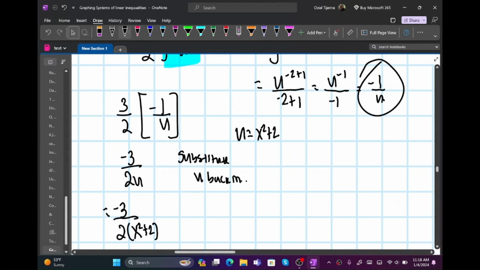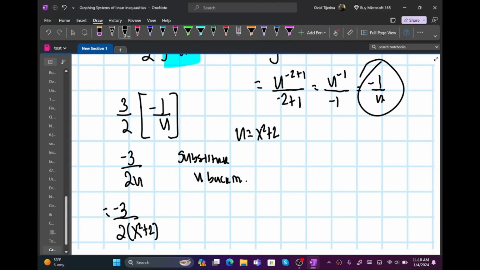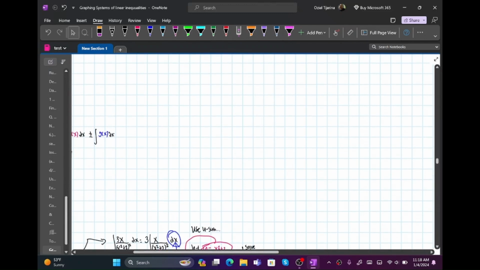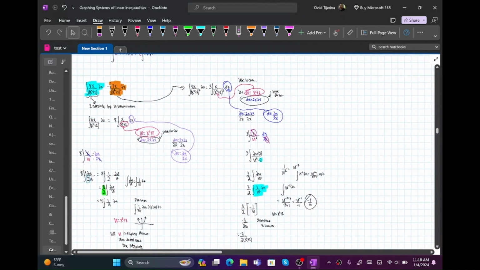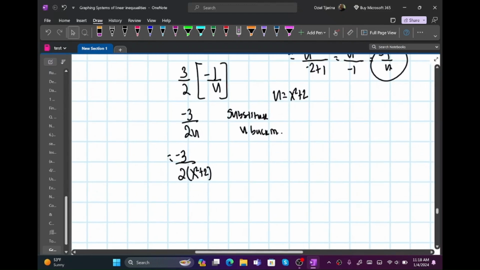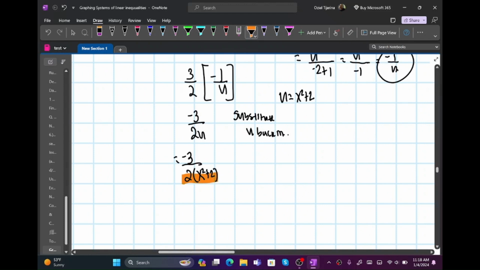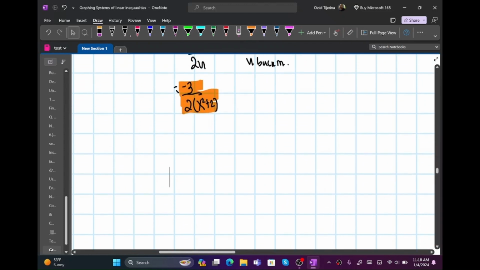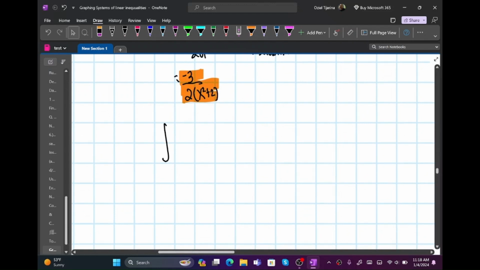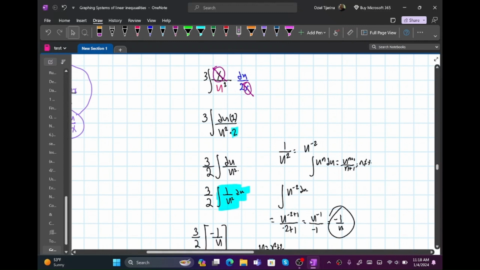And then for this part, I'm just going to go all the way back over here, hopefully. So basically this is our answer for this part. So all in all, we're going to have the integral of, so let's see, hold on guys.